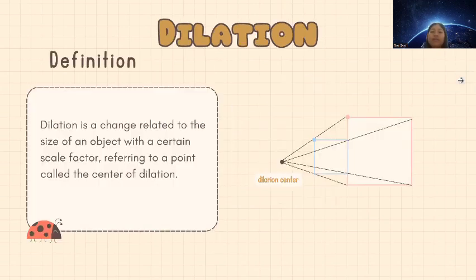Next, finally, we reach the last type of transformation, dilatation, meaning enlargement or reduction. Definition: dilatation is a change related to the size of an object based on a scale factor, and it always refers to a specific point called the center of dilatation.